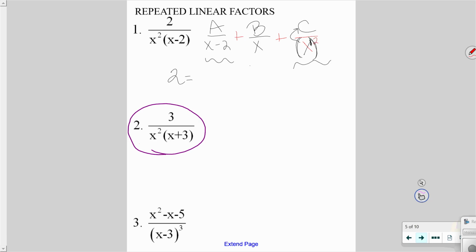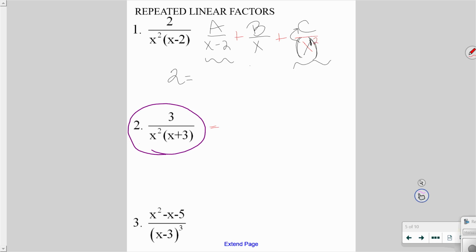Any disagreements on this one? Does anybody want to see work on this one? We are going to start with one that has multiplicity. So do this one out on the board.